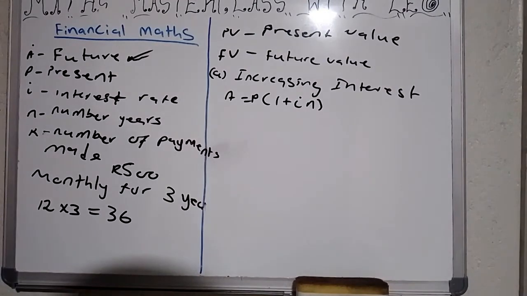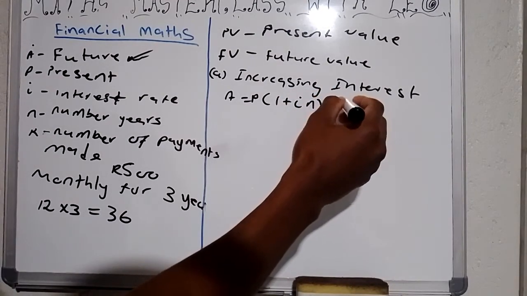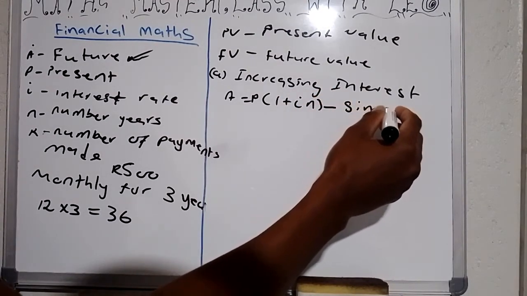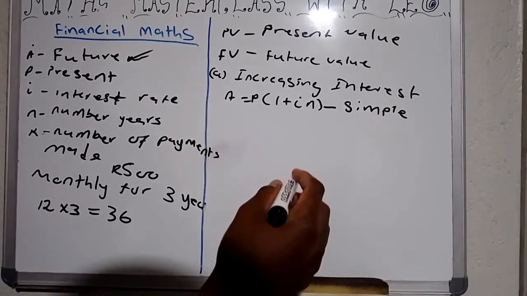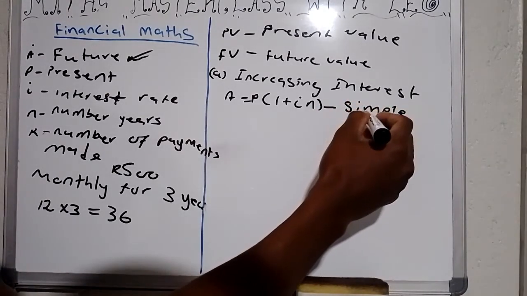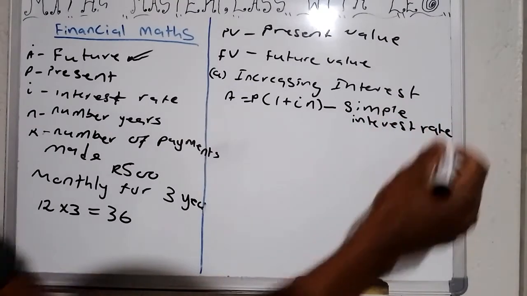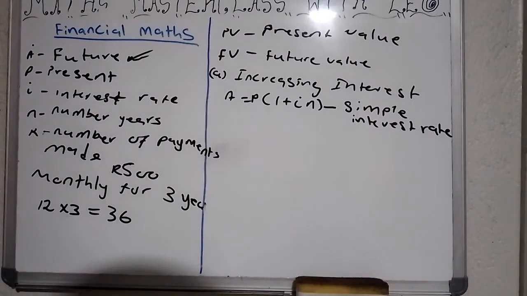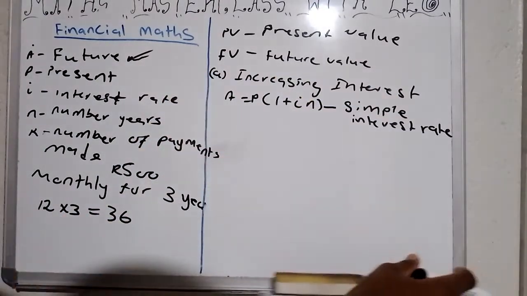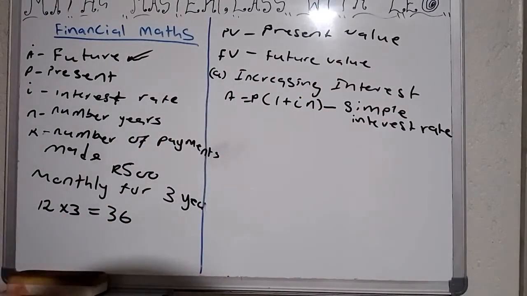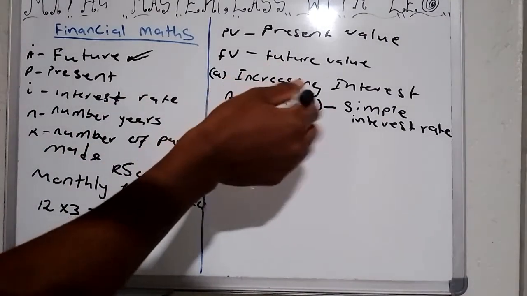This represents a simple interest rate. If they say using a simple interest rate, it means you're going to use that formula. Using an increasing interest, use this formula.